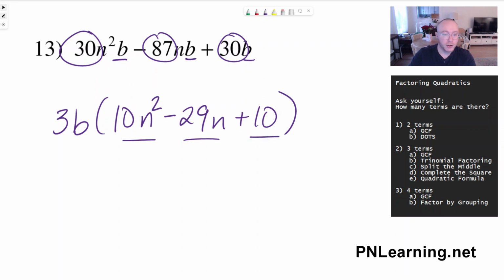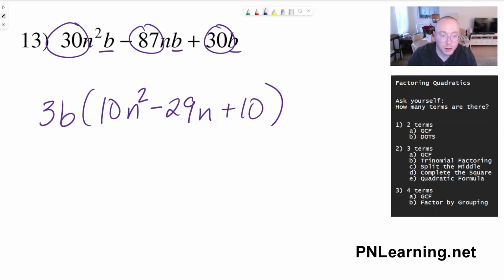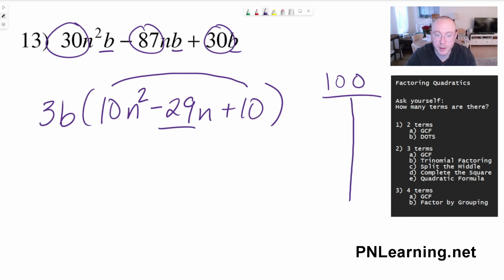It looks like since there's a term that's not equal to 1, we're going to try to split the middle on this. So let's multiply 10 times 10, our a times c, and that would be 100. Are there factors of 100 that'll add up to 29? Again, we want to make them add up to 29 because 100 is a positive number.